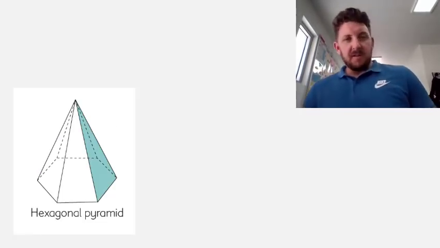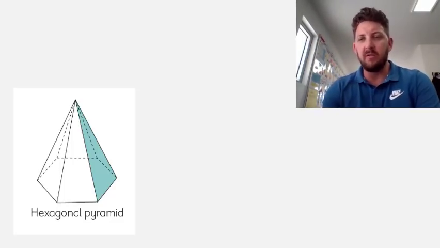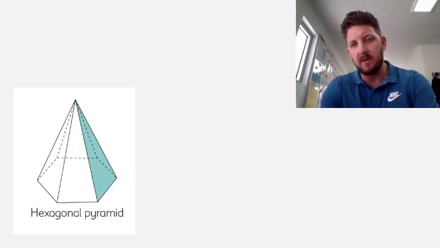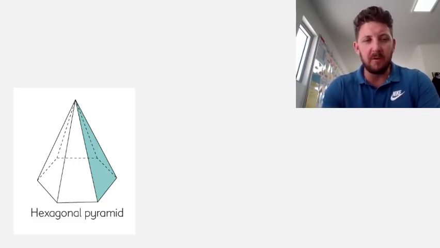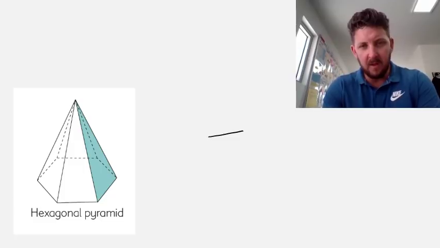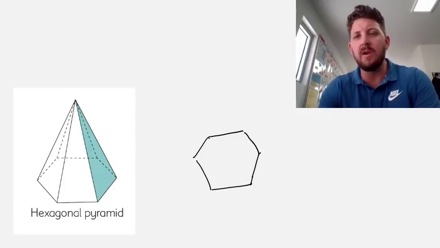Here's what you might also see. You might see a shape like so, and I ask you to draw it. The first thing I start with, I look at a pyramid. So I'm going to draw to start off with my hexagon. If you're drawing this, you need to make sure you are using a ruler.